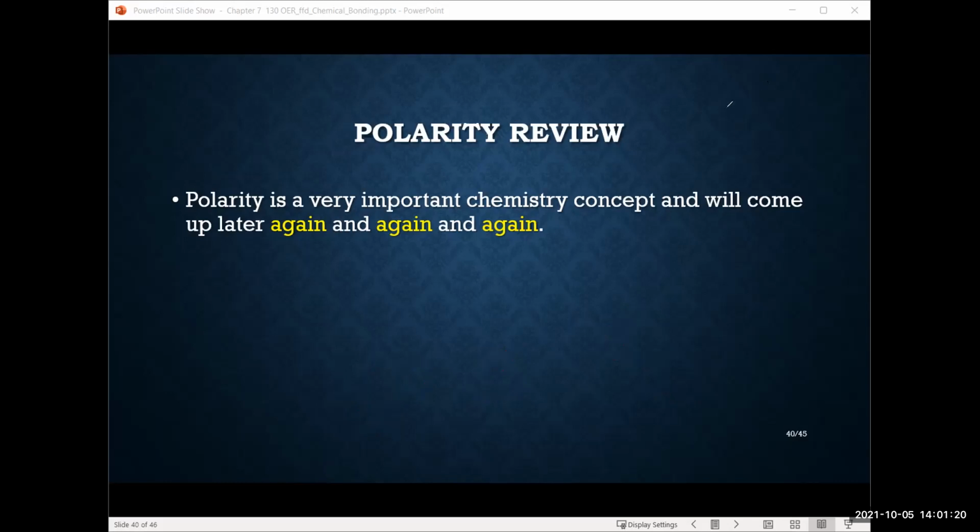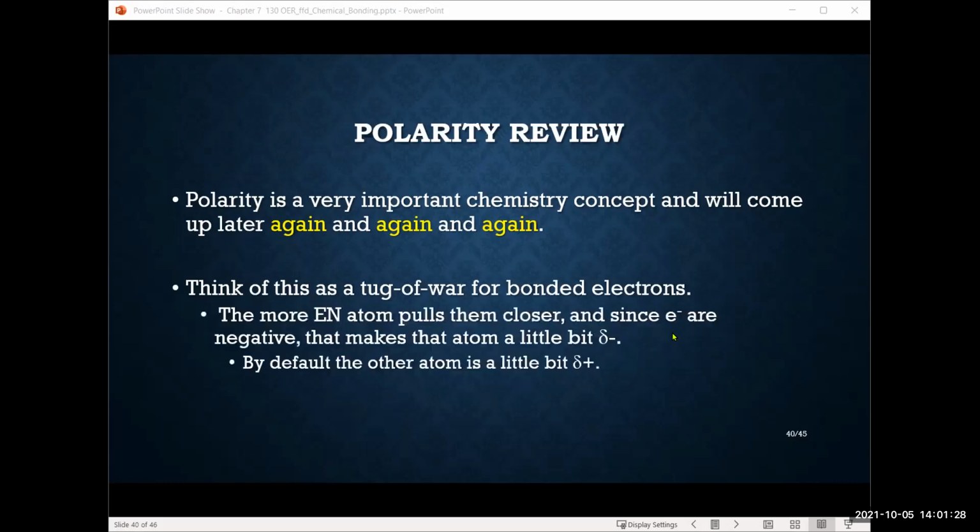All right, so this whole thing will be popping up. So just think of that polarity, that bond, as simply a tug of war of bonded electrons. Okay, if it's an equal sharing, everybody's happy, they pull enough electrons to each other. But if you get unequal sharing, you end up with a little bit of a negative on one side and a little bit of positive on the other side.